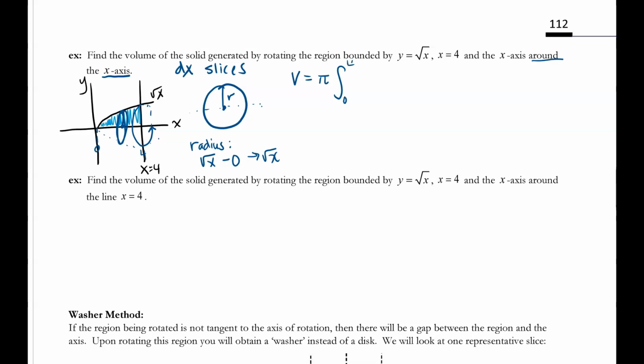So from 0 to 4, those are our limits. They're x values because we're working with a dx slice. And then we said pi times the radius squared, and our radius is the square root of x. All right, so this is the formula we're working with.